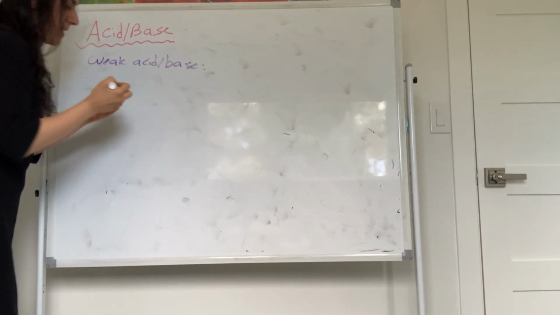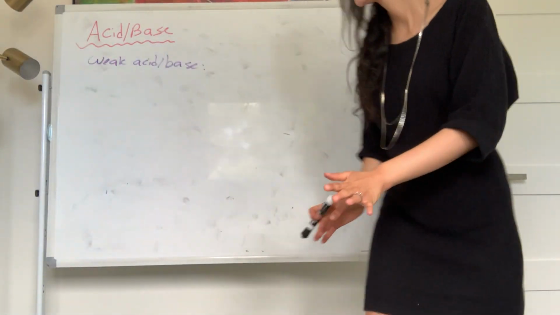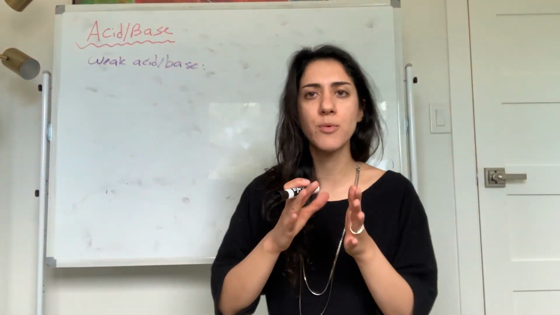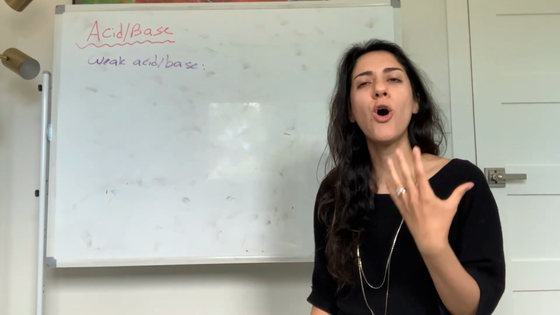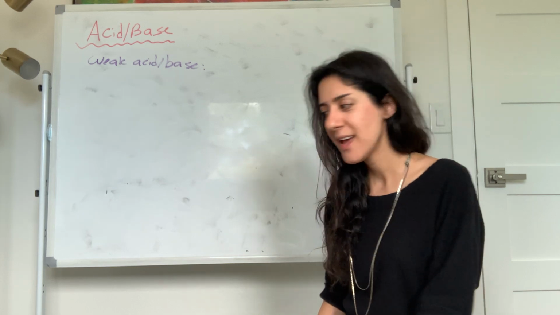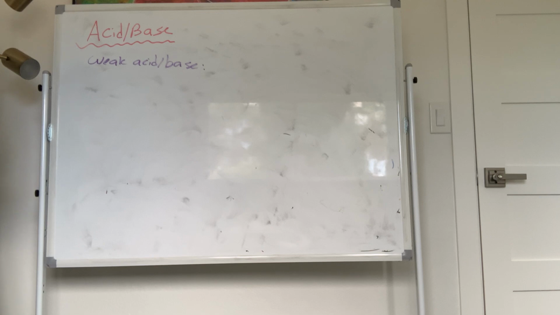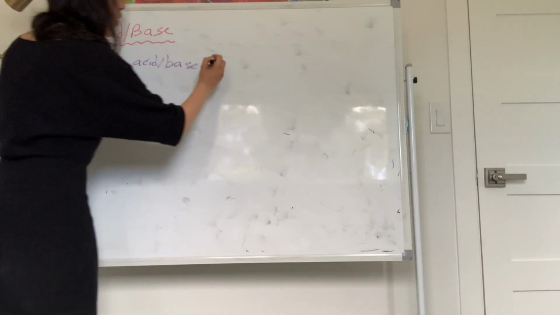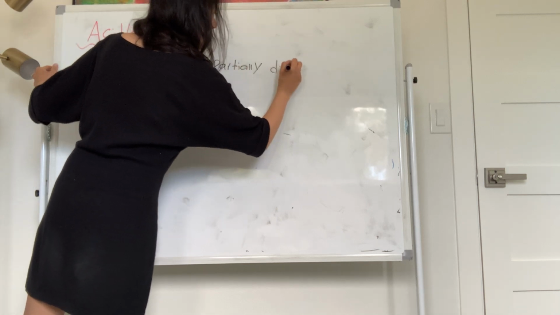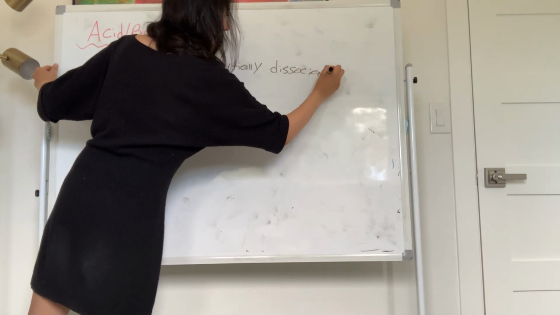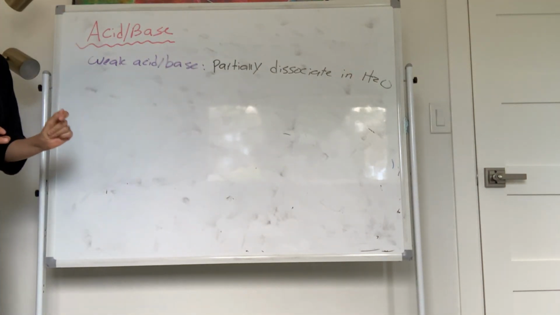You have this in Chem 1A. A strong acid or base will completely break up in water, every single molecule. If you have a weak acid or base, they will partially dissociate in water. Not all of them will break up, some of them will. So far so good? Okay.